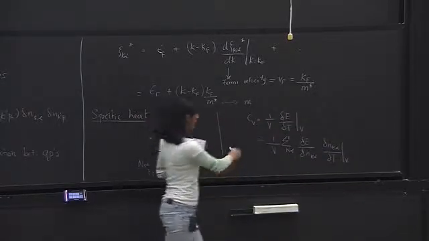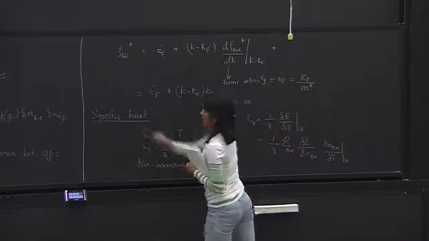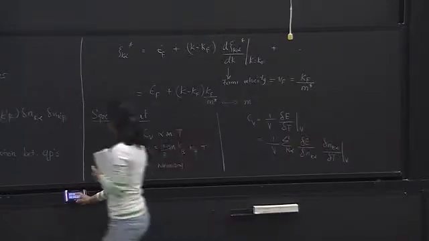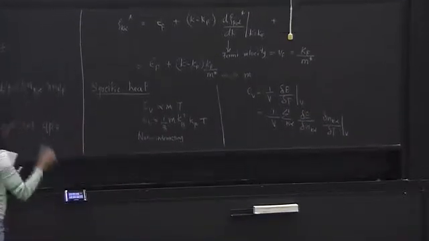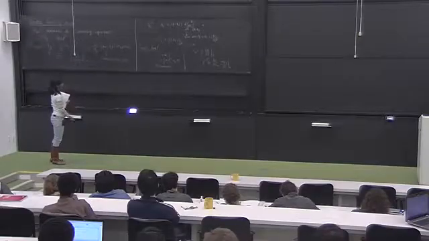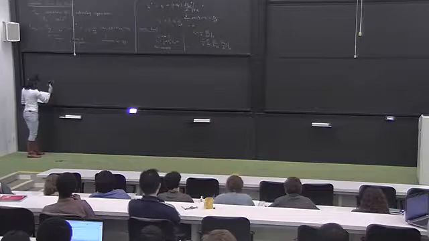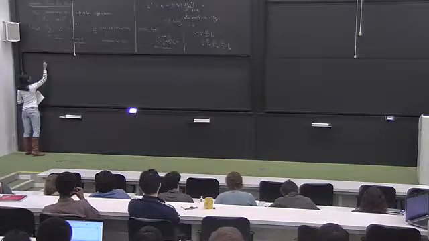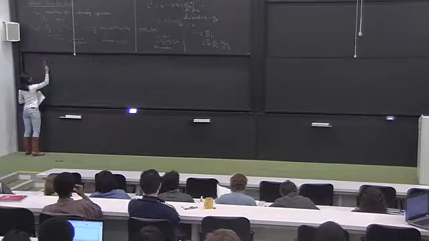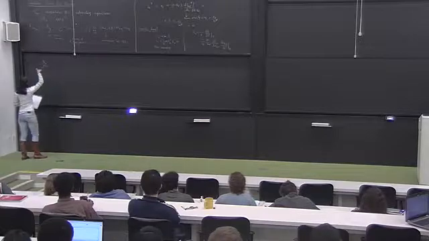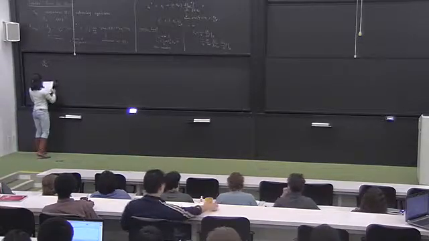At fixed volume, right? So E here is the E on the board there. Okay, and so let's just look at the two terms. This term is just taking a derivative of that formula up there.